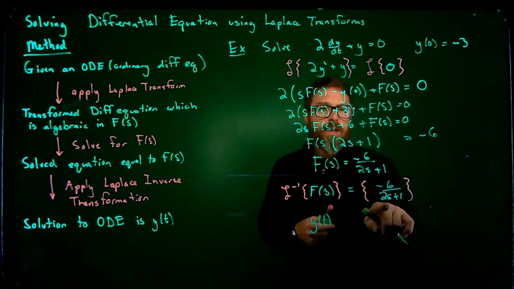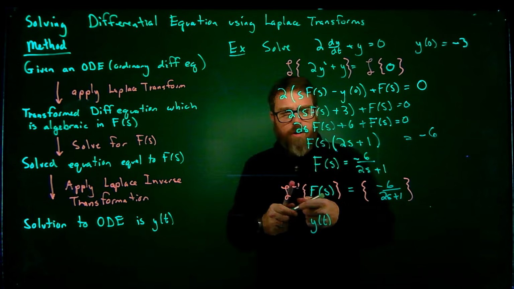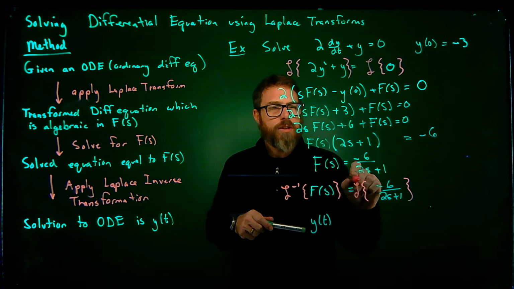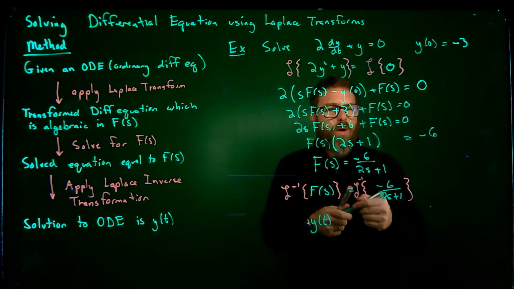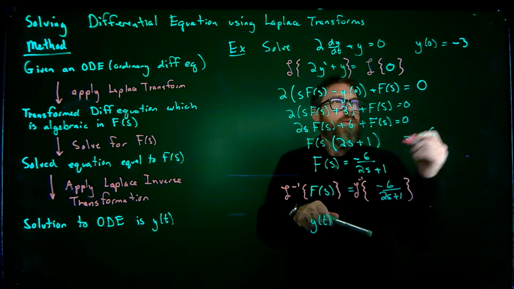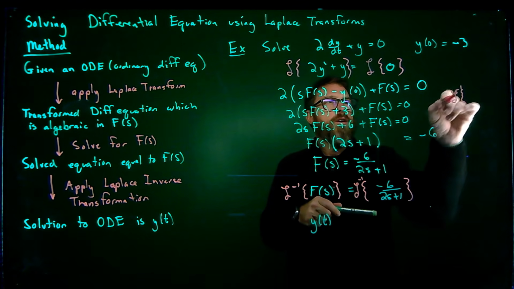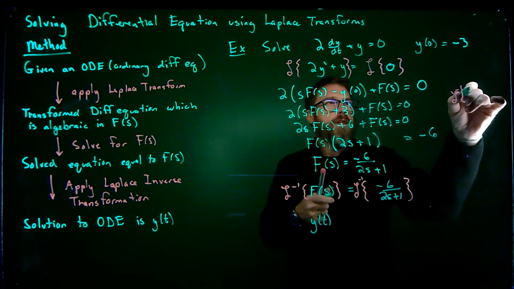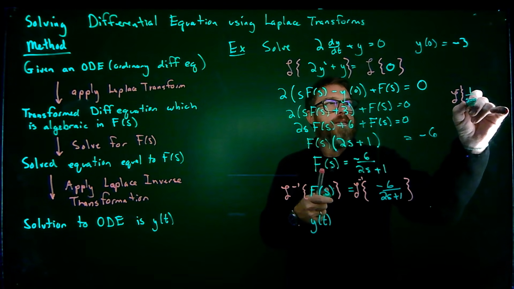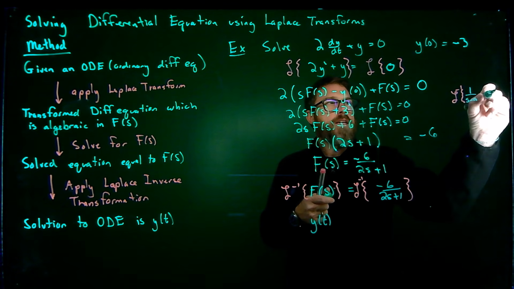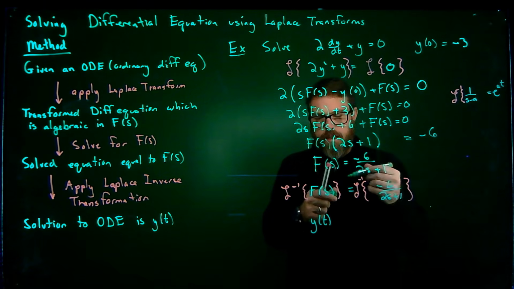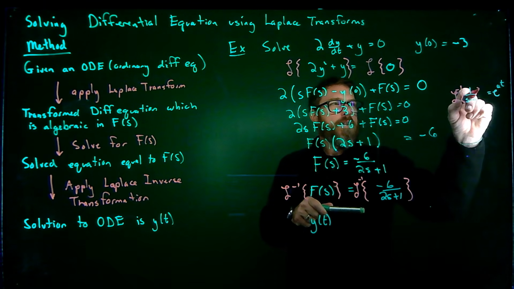Now over here, we have to do a little bit of work for this inverse Laplace, because it doesn't set up the way I want it. I want it to be the inverse Laplace of something like 1 over s minus a. And what I know is that's equal to e to the at, but it doesn't look exactly like that.